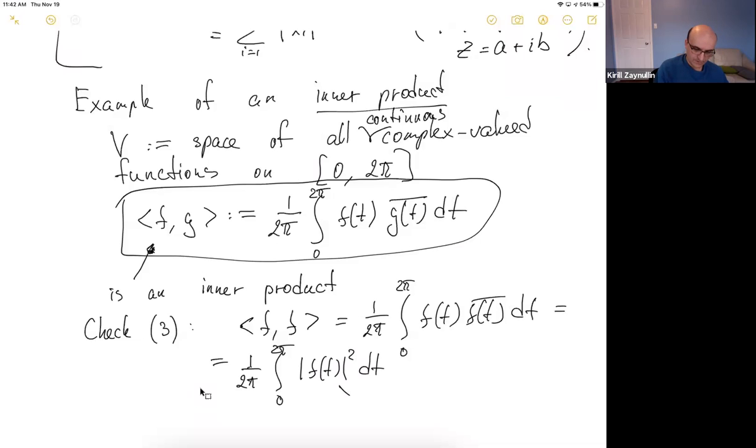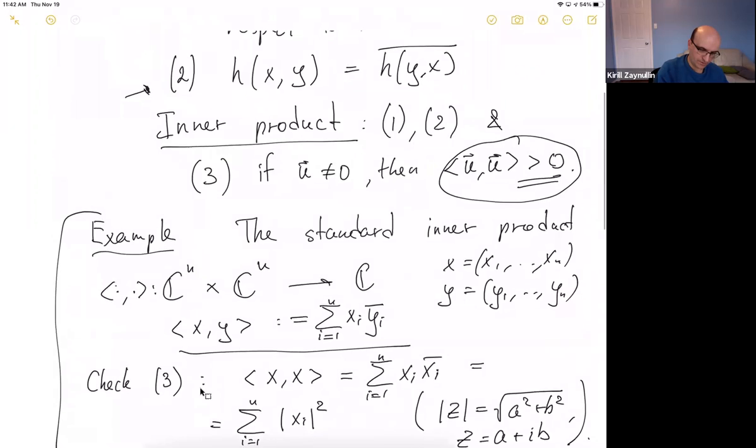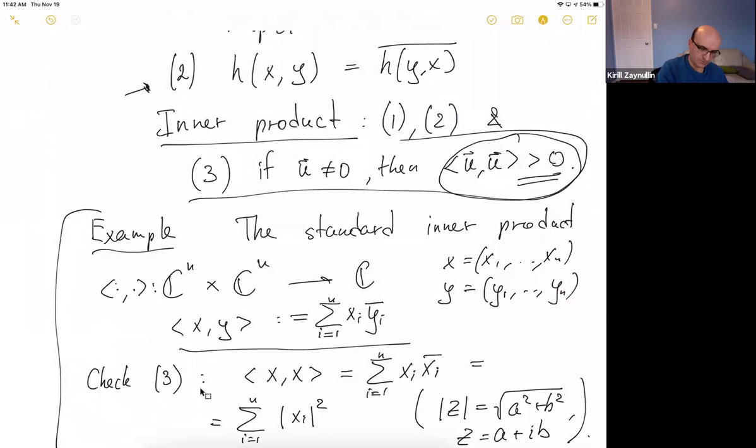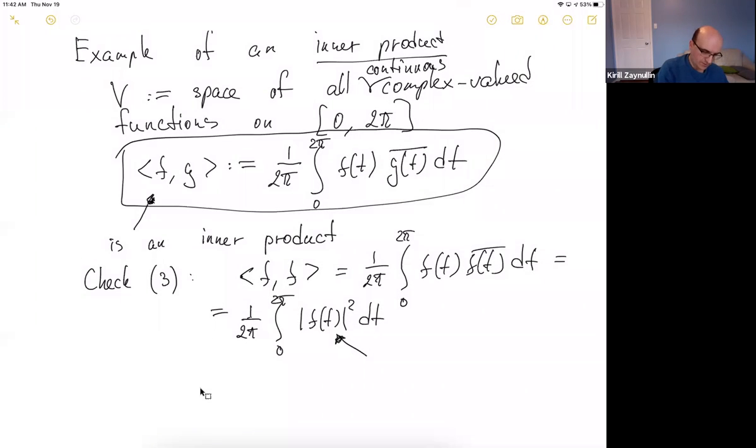But then, look, this function is non-negative on the interval from 0 to 2 pi. And one of the basic properties of the integral tells you that if you take the integral of a non-negative function on the interval, then you will get a non-negative number. So let me stress that we are checking this condition. So if f(t) is greater or equal than 0, then clearly (f, f) is greater or equal than 0.